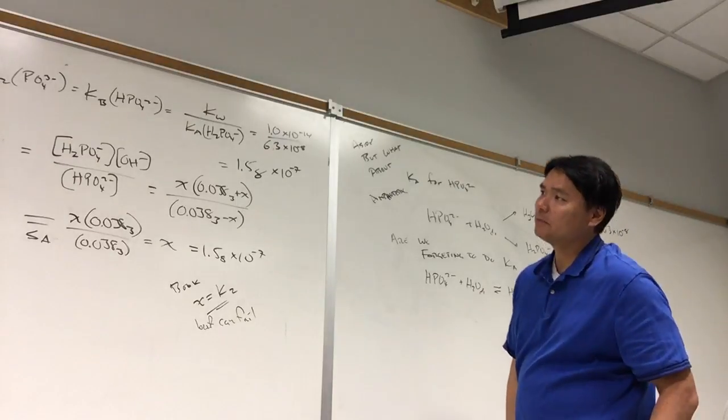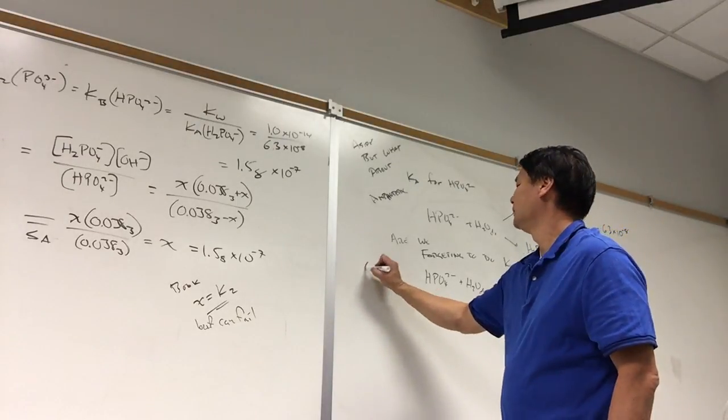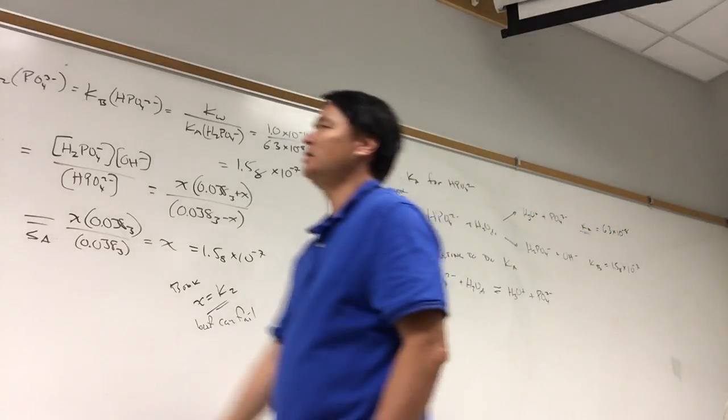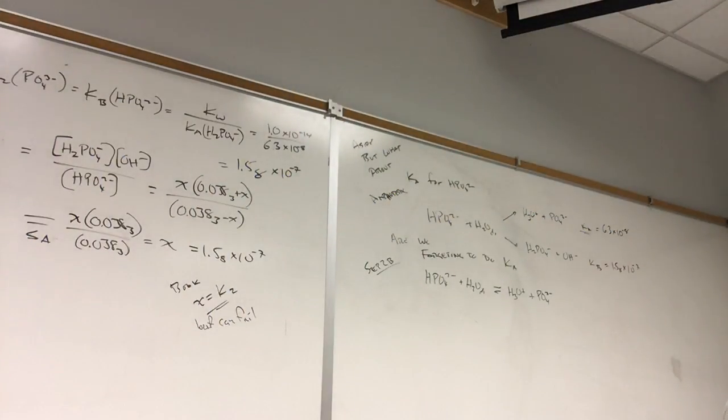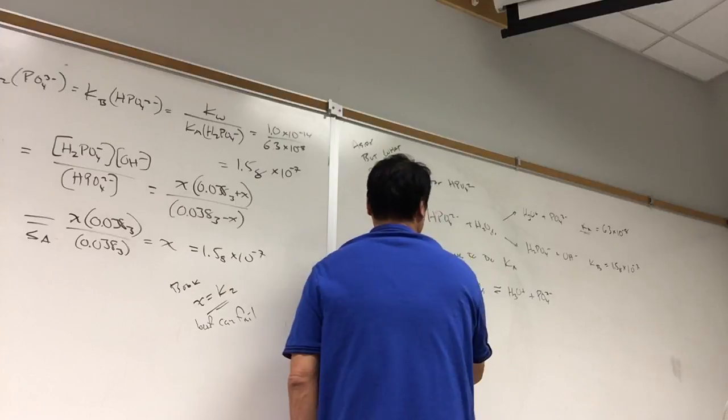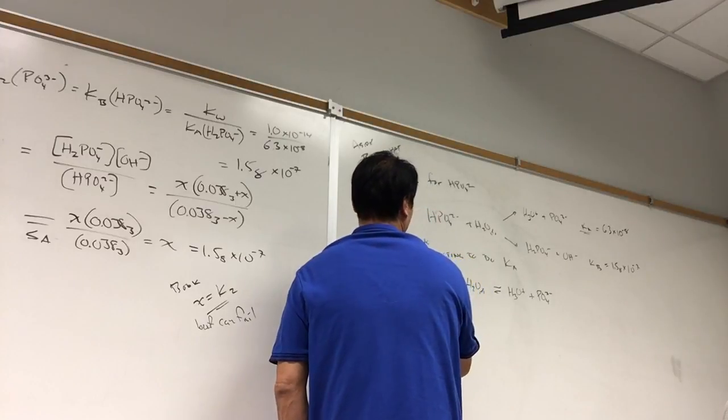I'm going to call this step 2B. What I just did was the Kb collisions here. But what I'm going to do is this step 2B, which is the Ka collisions. Maybe I should have called it step 2A.